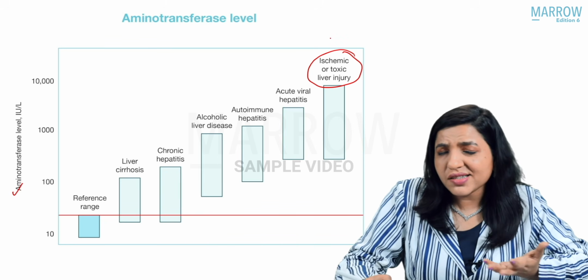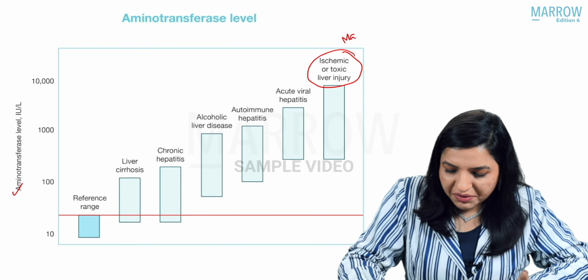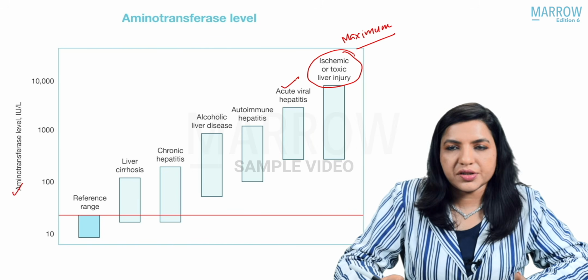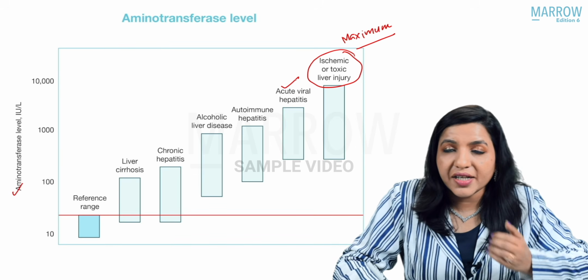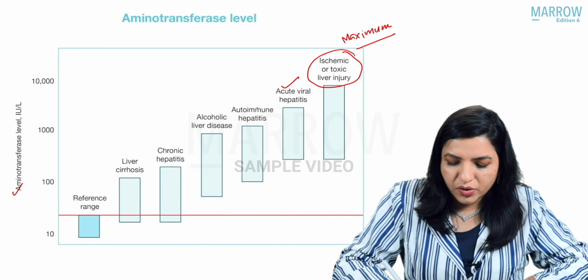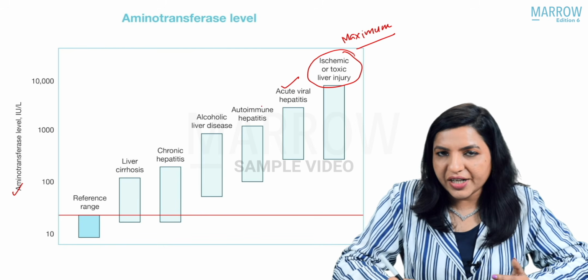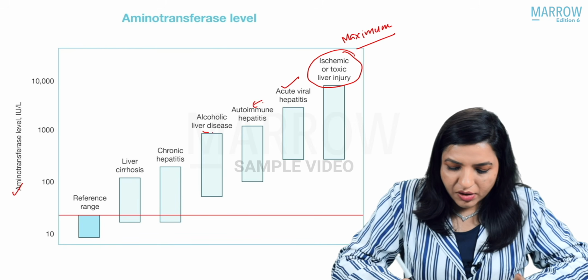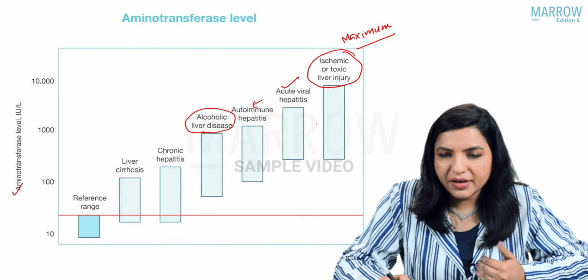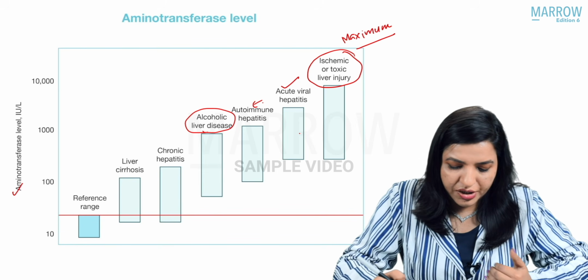There will be maximum elevation if there is toxicity to the liver. Then in acute disorders like acute viral hepatitis, the elevation is more. Then gradually, with autoimmune disease, the elevation level comes down. Then in alcoholic liver disease, it is less, not very less, but less than in other acute injuries to the liver.